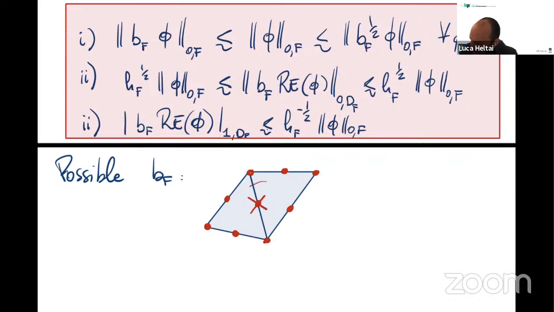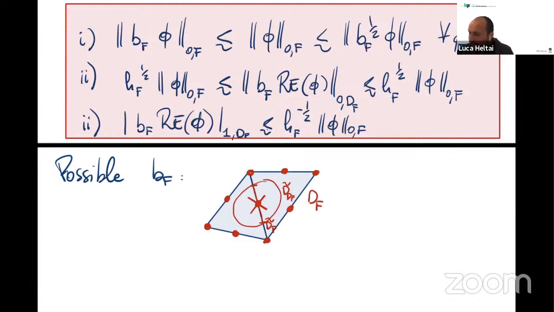And this will be D tilde F, the segment D tilde F, and here we have DF.